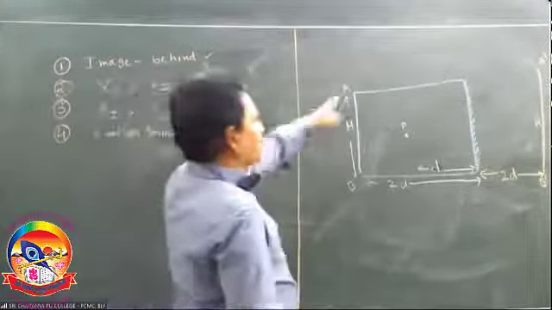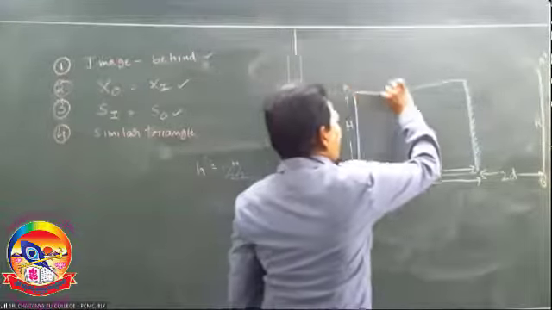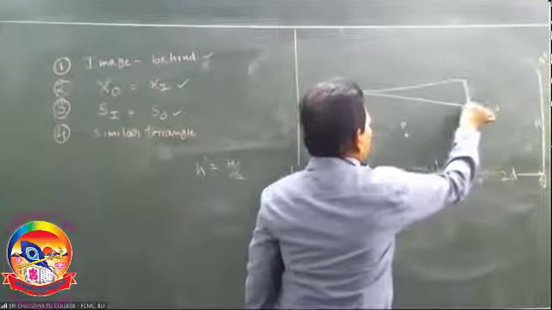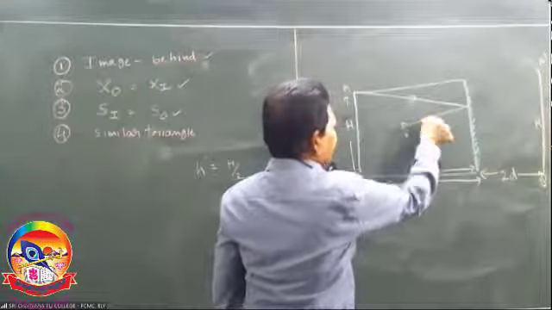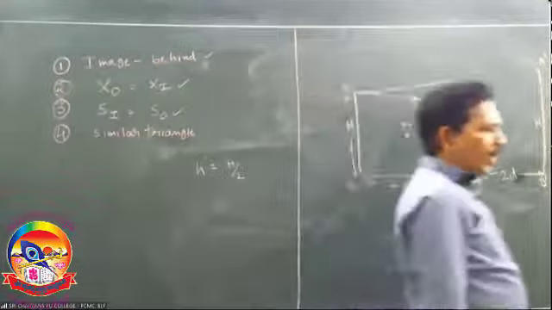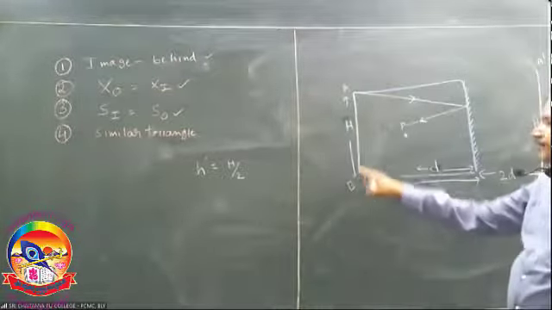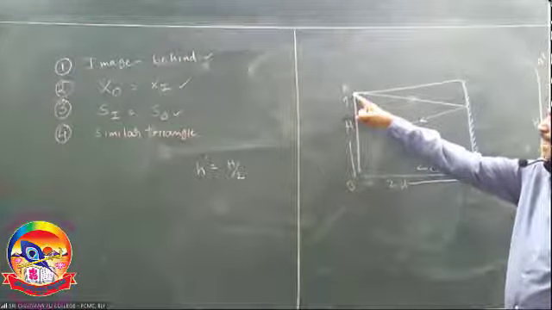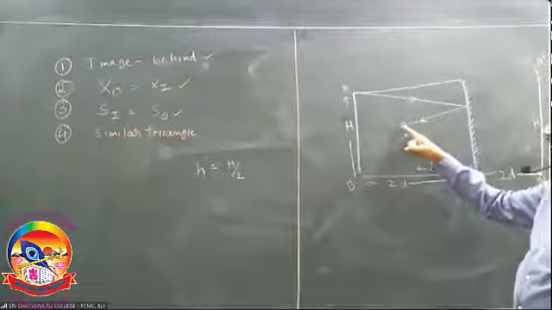So I want to see the wall. One light ray goes from one end of the wall to the mirror, reflects back, and reaches the eyes of the person.